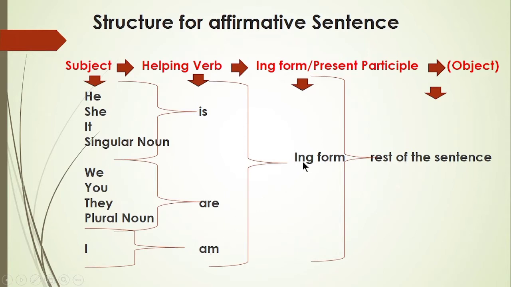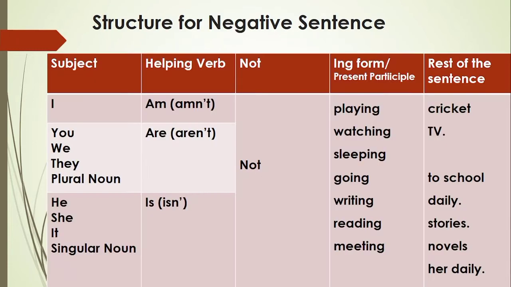Then we have the ing form, we call it the present participle, and then the rest of the sentence that may include the object or adverb or preposition, etc. For example, he is walking, I am talking, you are listening, we are discussing present continuous tense, I am teaching grammar, you are learning English communication skills, etc.